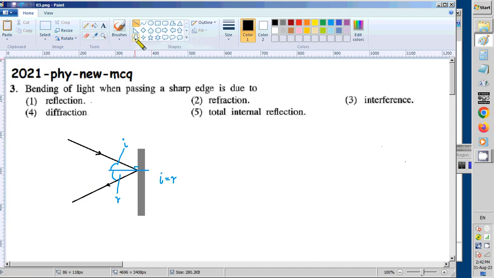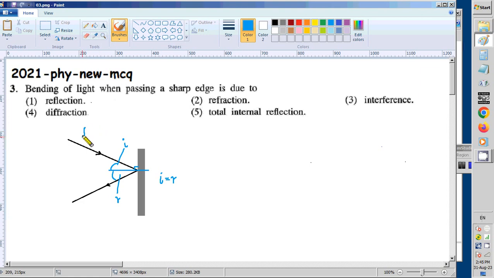So that is the idea. Since we are talking in this advanced level class, we can go further in this topic, reflection. Frequency: if we consider this as a wave, there is a frequency.